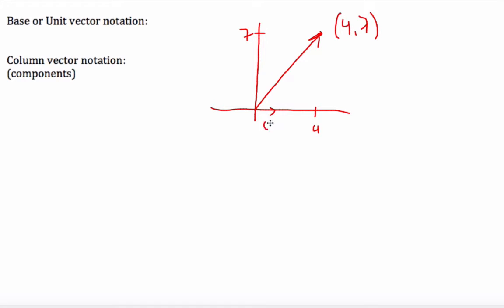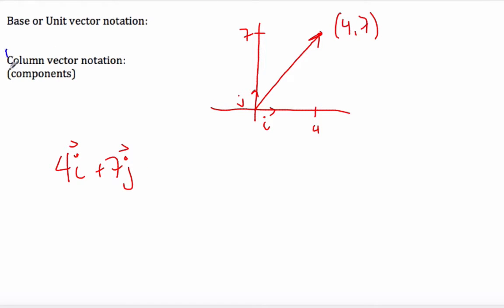I have a little vector here called I, which is length 1, and a little vector here that is called J. In 3 dimensions, I also have K. And so this point here would be 4I plus 7J. If it was in 3 dimensions, I would then go along and add some value K. But 2 and 3 dimensions work similarly. And this is base or unit vector notation where you use I's and J's.